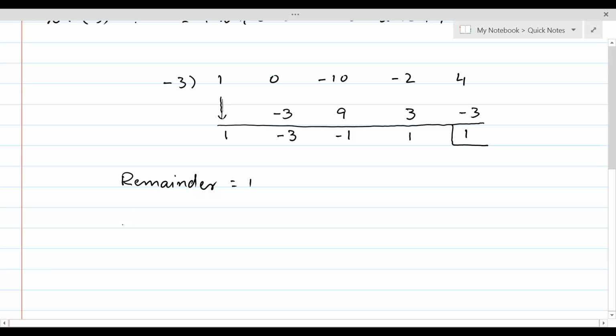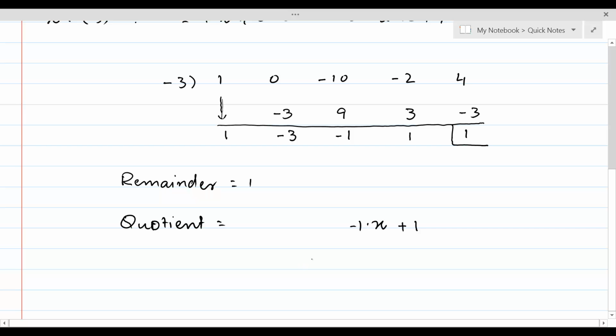And here quotient, starting from right, excluding that last number, this 1 is the constant term. So if 1 is the constant term, then the next term in ascending order will have coefficient minus 1. So plus minus 1 times x, so that would be the next term.